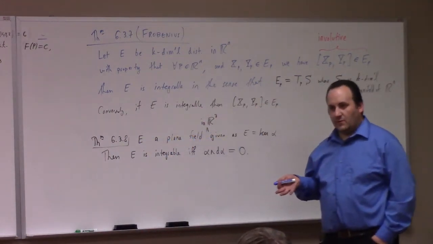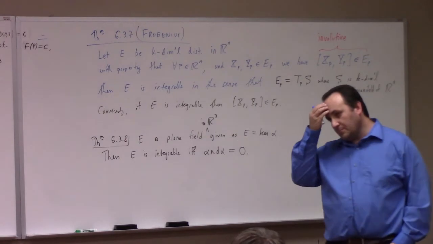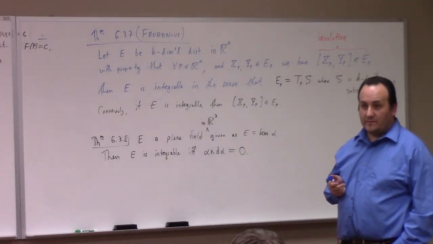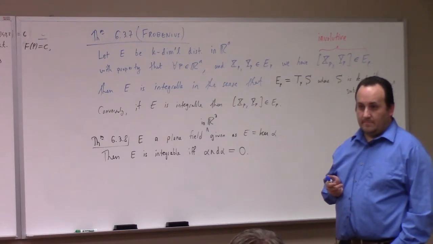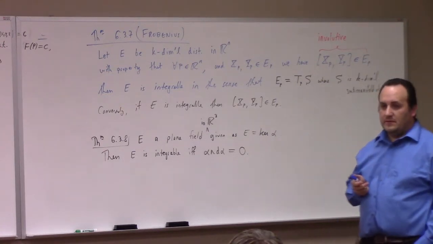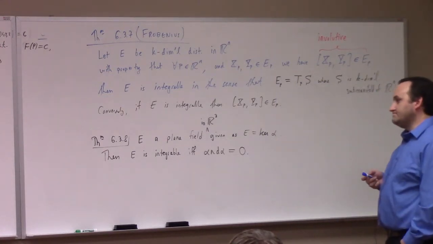Imagine yourself in R4, right? And you want to describe a two-dimensional distribution in R4. How would that work? How would you pick out a two-dimensional distribution of R4?